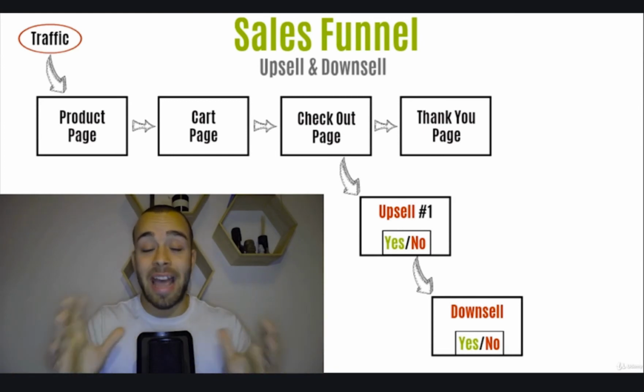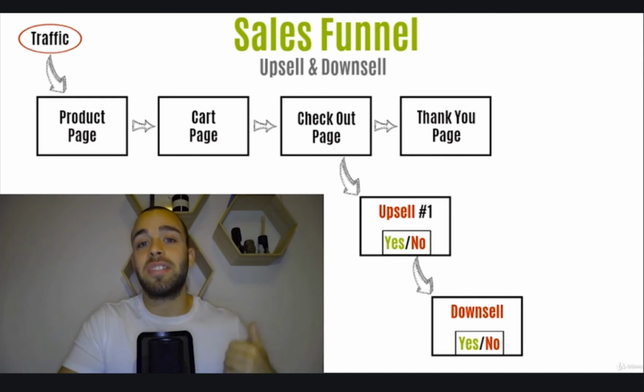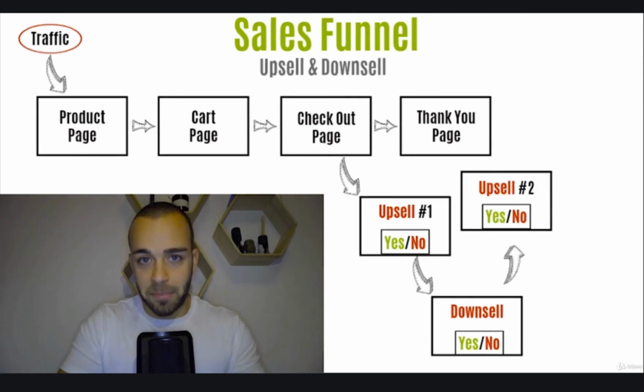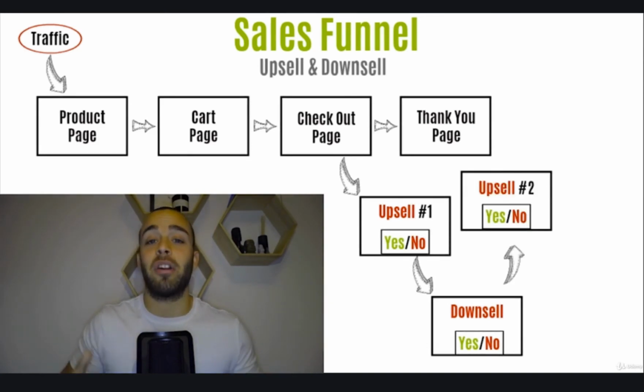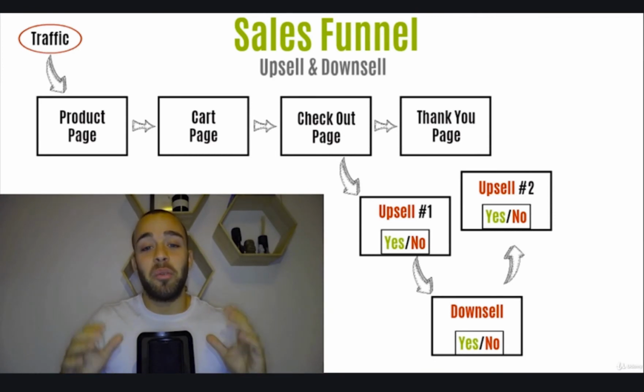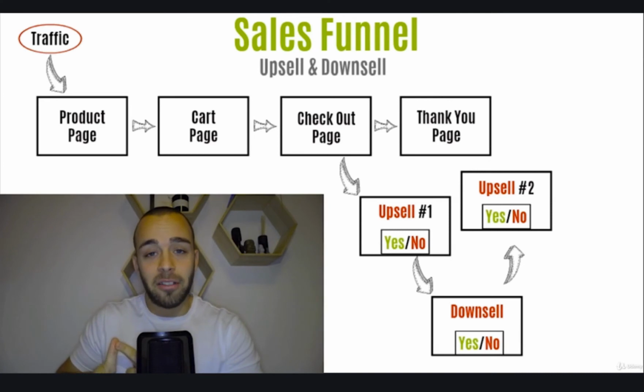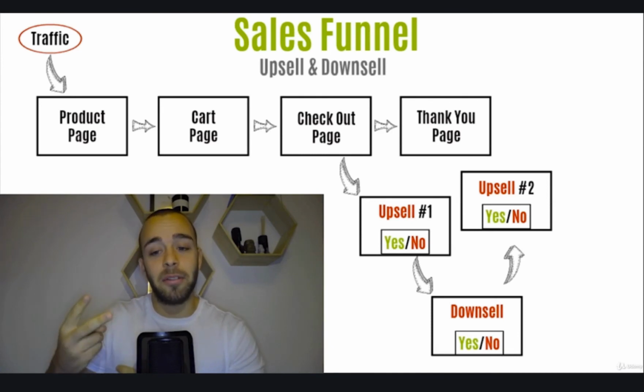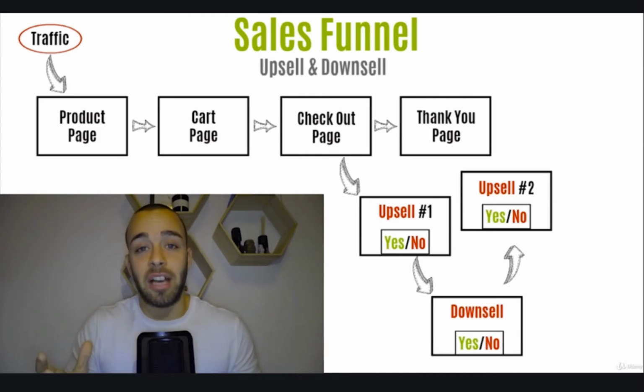Whatever their answer might be, you will send them to another upsell page, to product number 3. So firstly, they already bought the product, they said no to the first upselling, which is the second product, and then they came to the downsell page.